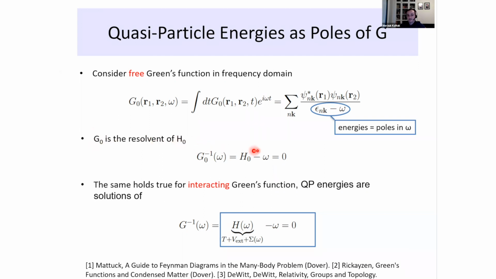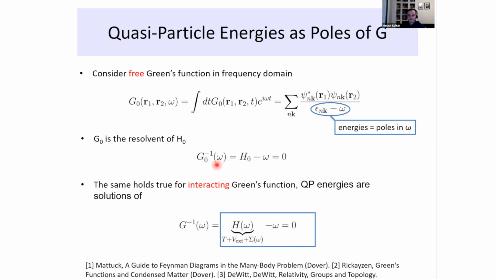And the condition for these poles can be written in an operator form like this. What's interesting here is that the same holds true for the interacting Green's function.